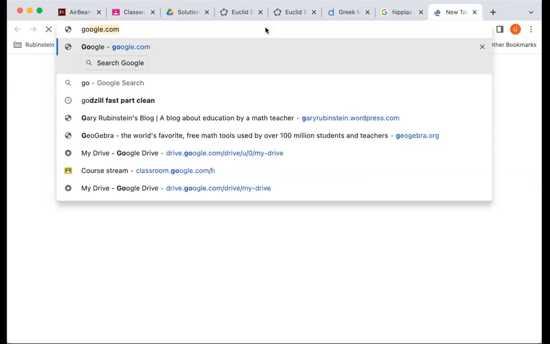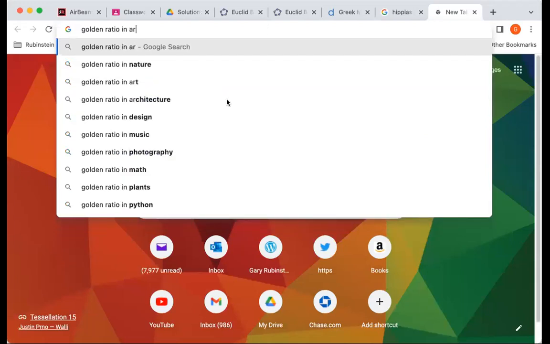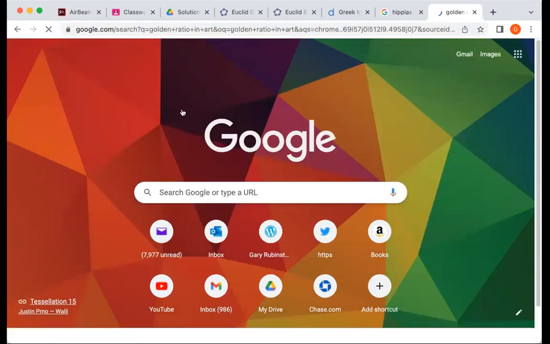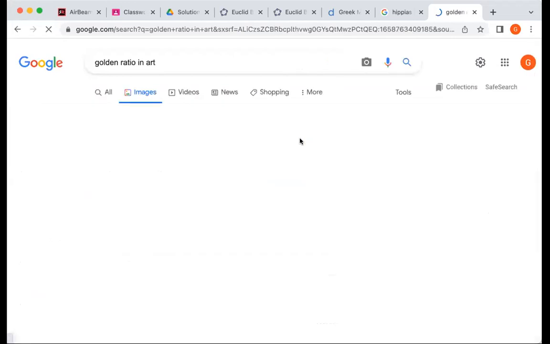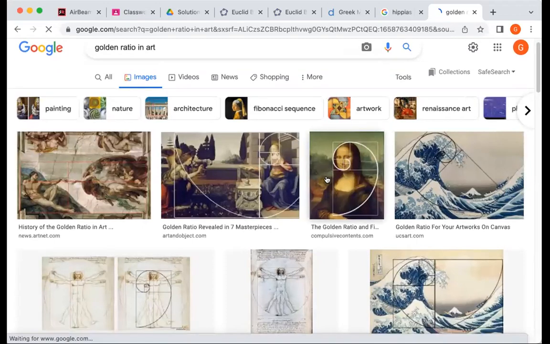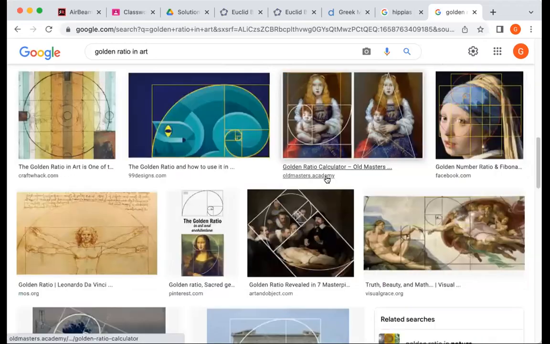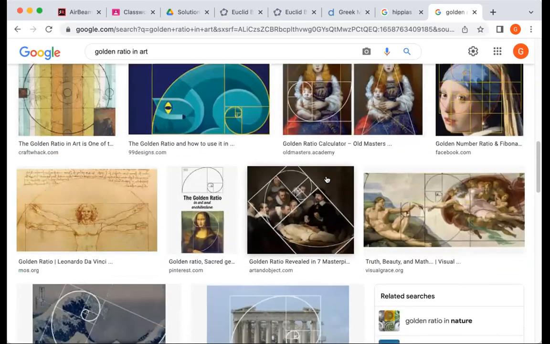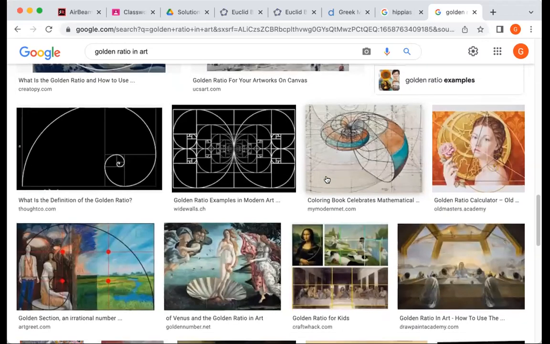Golden ratio in art. So you will find many pictures like this where they will show you that the golden ratio is in various famous artworks. But you should know that that's been debunked.